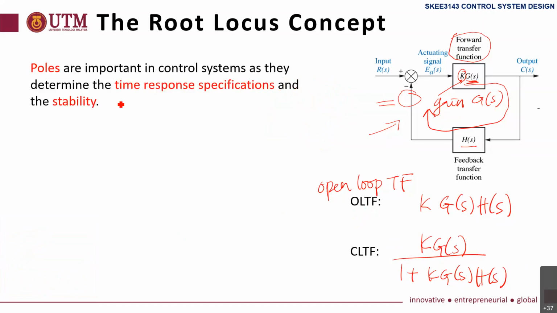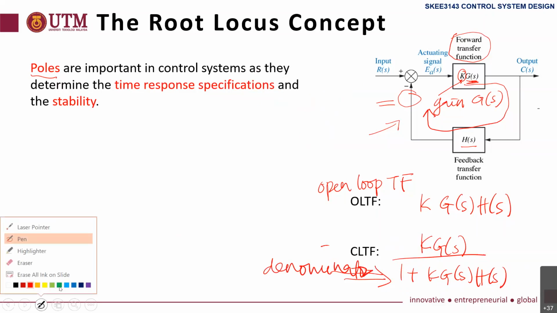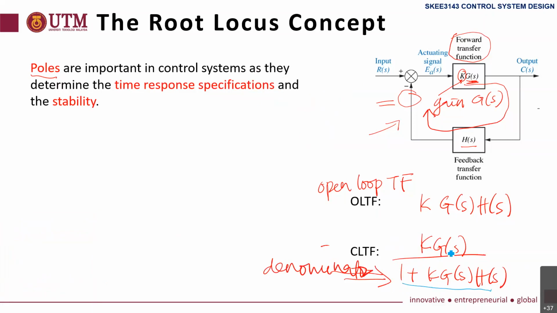We know that poles are important in control systems, and they appear here. Poles are obtained by solving the denominator. If we want the closed loop transfer function's poles, we have to look into the denominator here. They are important because we can get the time response specification, and most importantly, the stability.